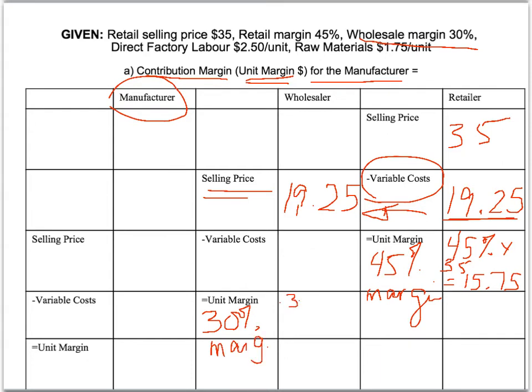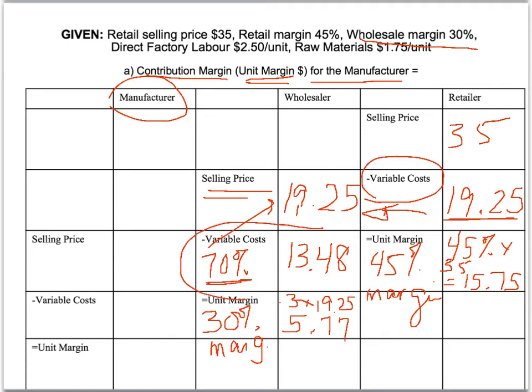So 30% times 19.25 gives you 5.78. I'm going to put 5.77 because that's what I've got in the solution. When you take 70% of 19.25, you get 13.48. So I think that's what most people will have done as a bit of a shortcut there.